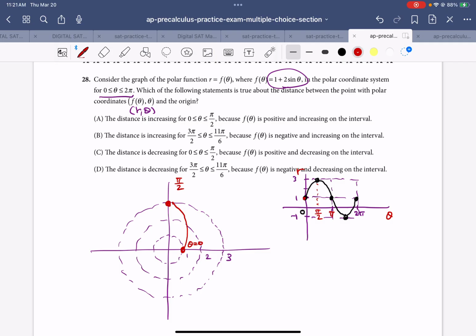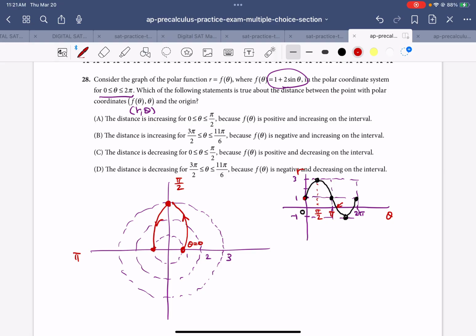Now when theta comes to pi, r comes back to 1. So I'm going this direction now. And after that, it'll pass through sometime here. I don't know, I have to compute that one, but there r is 0, so after that it's negative.